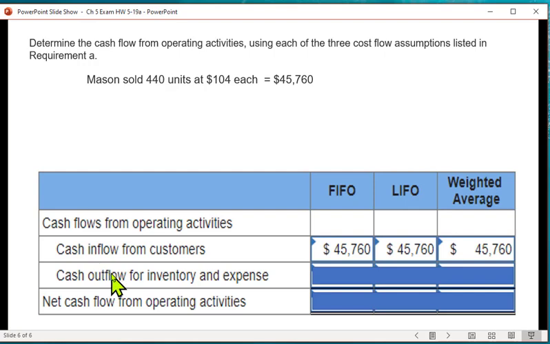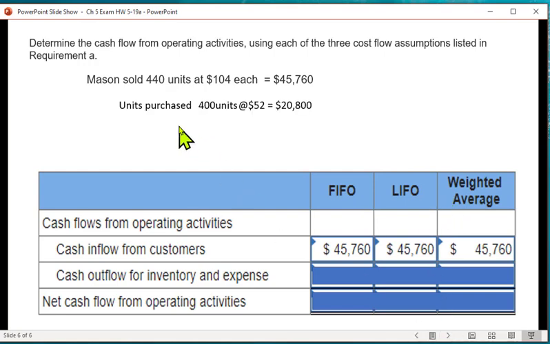So we've got two kinds of cash outflows. In this problem, if you go back to the very beginning, you'll see that we purchased some inventory and we had some operating expenses. So here's how you calculate the cash outflows that are operating activity outflows under each of these three scenarios.